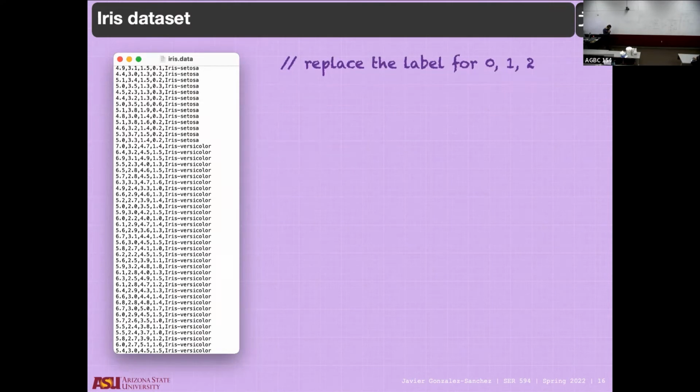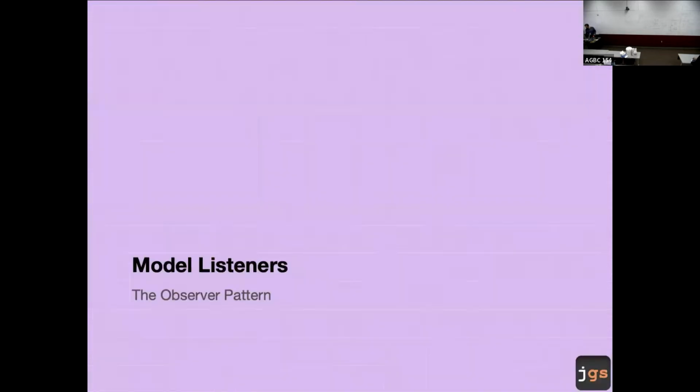We are going to have listeners for our models. We are going to have what we call model listeners. Yes, we're going to be observing, listening to the object model. Remember that the object model is the one that you create using the configuration that we create as a parameter. Listeners to the model.